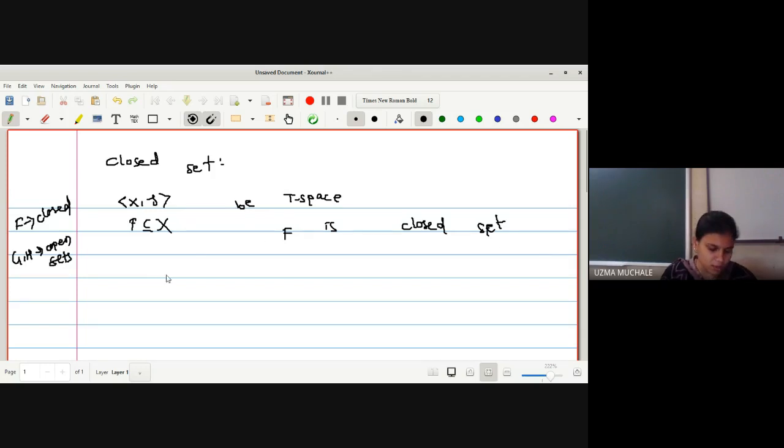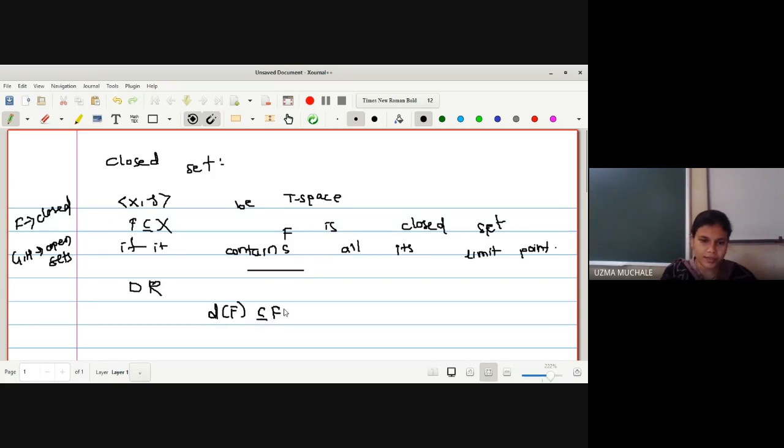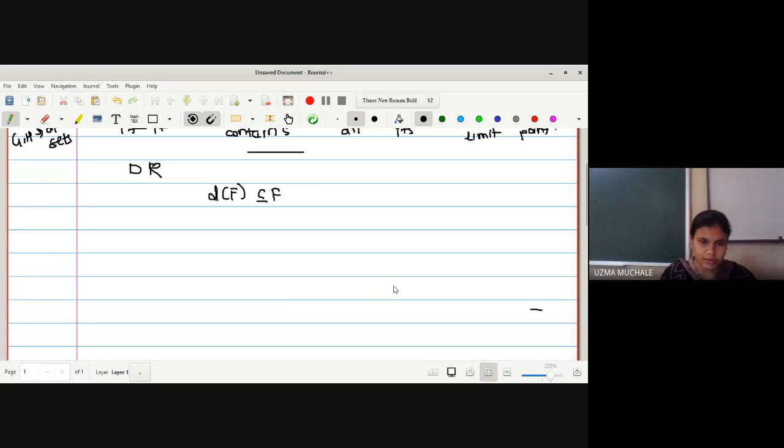F is a closed set if it contains all its limit points. That is, F is a closed set if derived set of F is contained in F. If this happens, then only we say that F is a closed set.